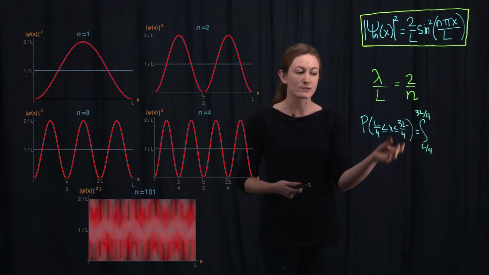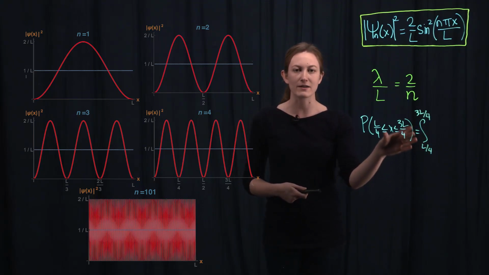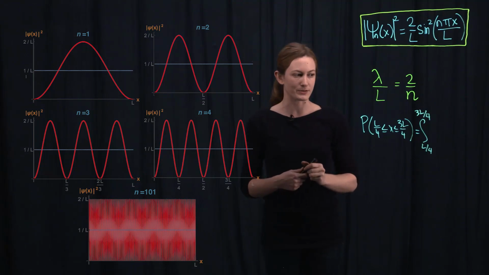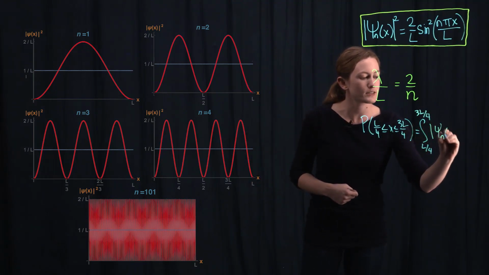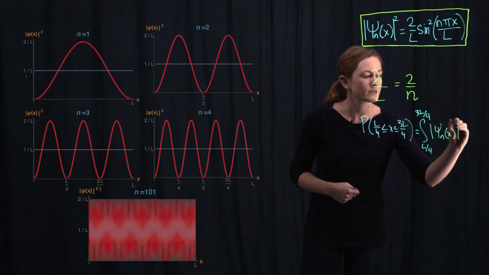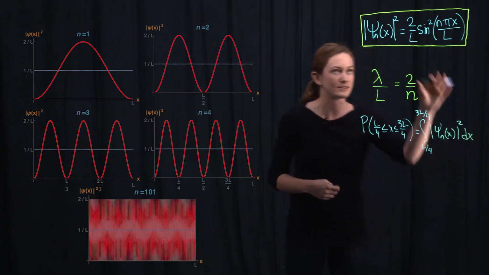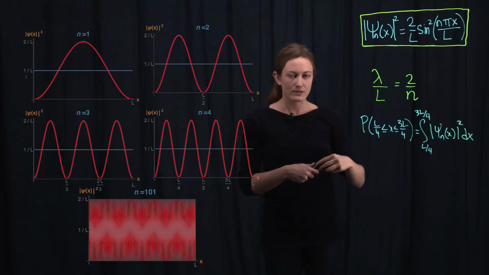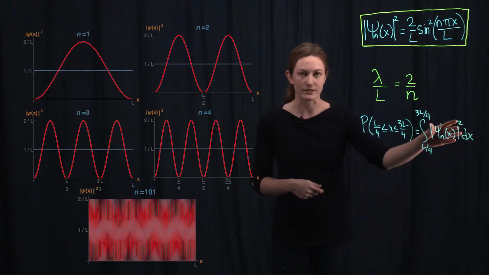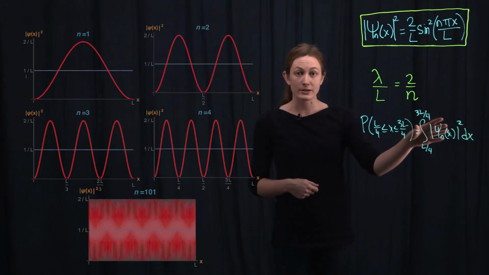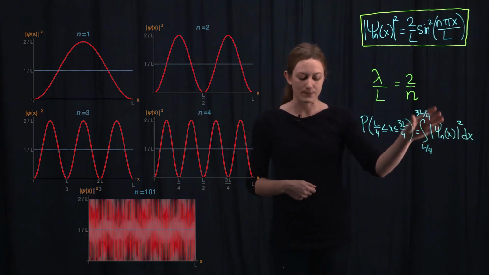The particle would have a 50% chance of being found in 50% of the available space. Quantum mechanically, we can figure this out by doing this integral over the probability density that we derived earlier. So in the attached PDF to this video, I do this integral for general n. And so I encourage you to try doing this at home and to compare with the PDF.